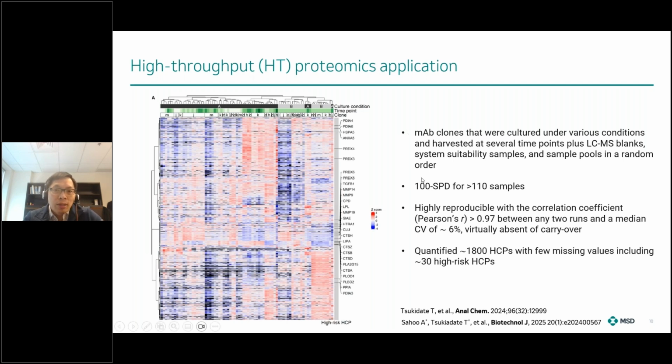We leveraged the 100 samples per day method, and we are able to achieve really good reproducibility between runs, and the median CV is about 6%, and we see virtually no carryover. We are also able to identify close to 2,000 HCPs in this harvested cell culture sample, including over 30% high-risk host cell proteins.